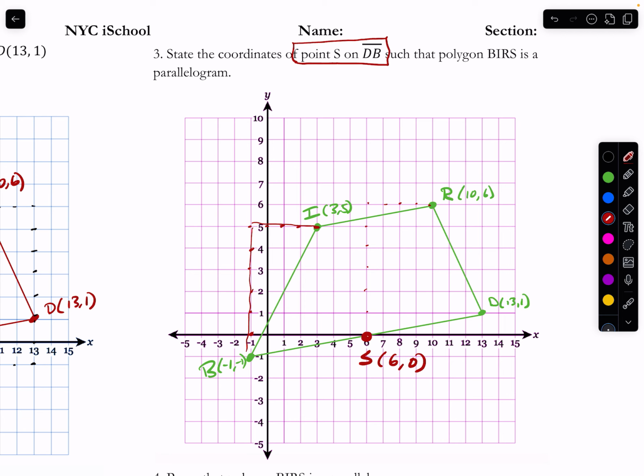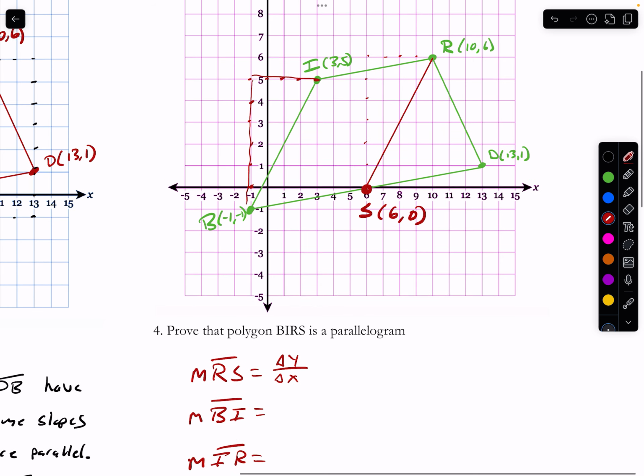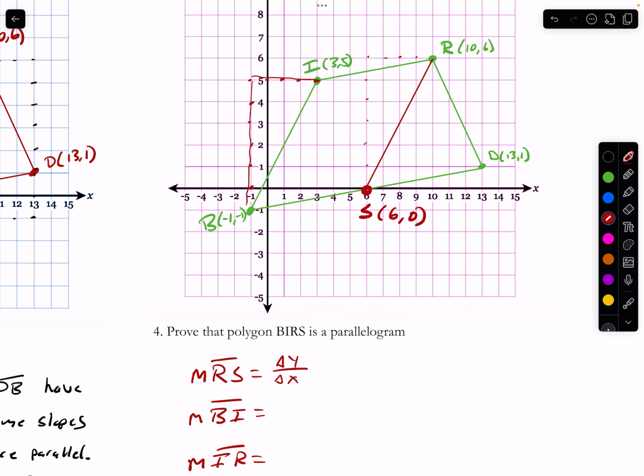So now we create a new shape, and we want to show that this is a parallelogram. The slope of BI we already know from our previous calculations was a rise of 6, run of 4, so it's 6 over 4, which is just 3 over 2.